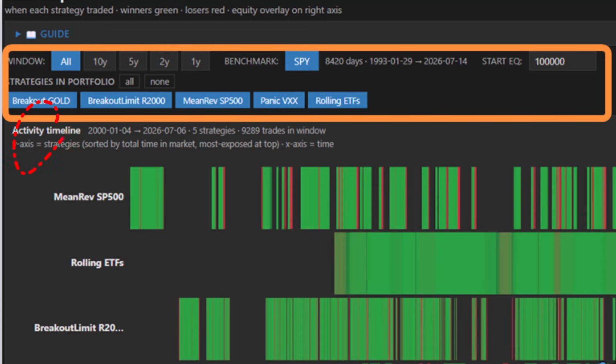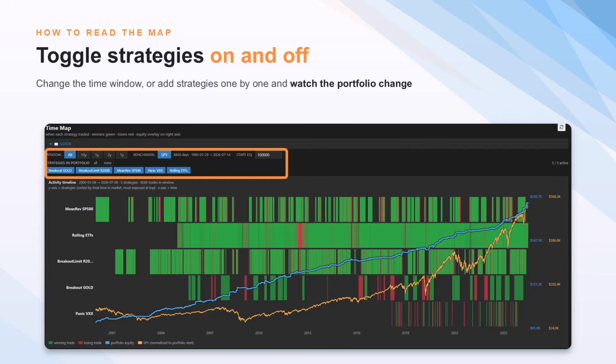You can also adjust the display time period and, more importantly, enable or disable individual strategies. This is where the real strength of Time Map becomes clear. You can add strategies one by one and immediately see how each of them affects the portfolio as a whole.